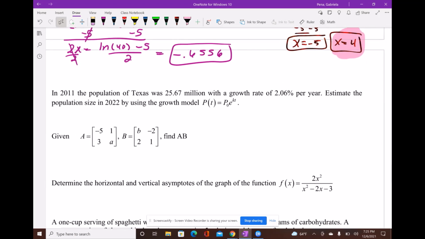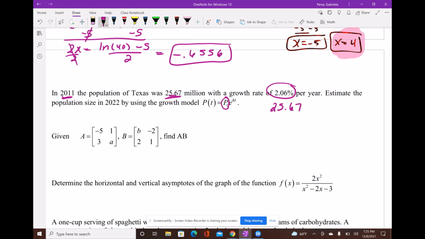I'll just wait. Estimate the population size in 2022 when they give you this. So they tell you that in 2011, this is your population. That is your initial population. So this becomes 25.67. They're telling you this is your growth rate.